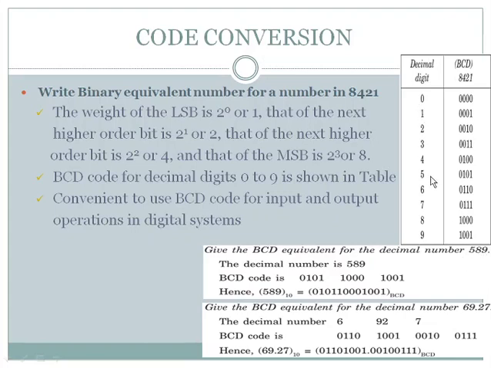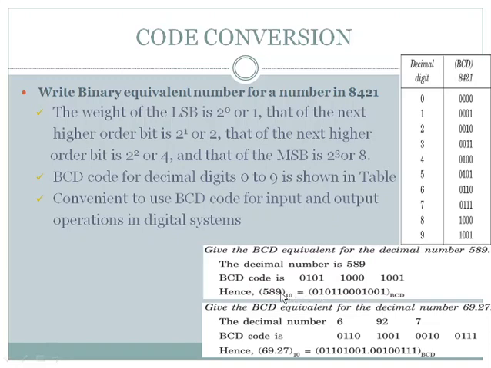From the table you can see what the BCD code for 5 is. It is 0101, so replace 5 with the BCD code 0101. Similarly for 8, find out the BCD code. It is 1000, so replace 8 with the BCD code 1000. Similarly, replace the decimal digit 9 with its BCD code 1001. Write all these 12 bits continuously, or combined.